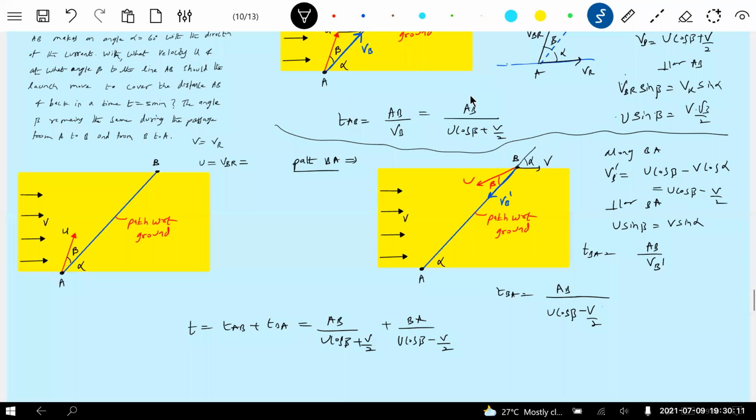Somebody should give me the value, the final answer. Eight meters per second is what I have as speed. U is 8 meters per second. Check it. The beta, you have to verify. I don't have the answer. Approximately 12 degrees, I do remember.